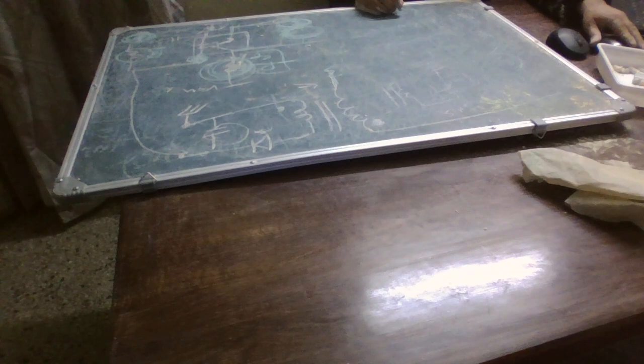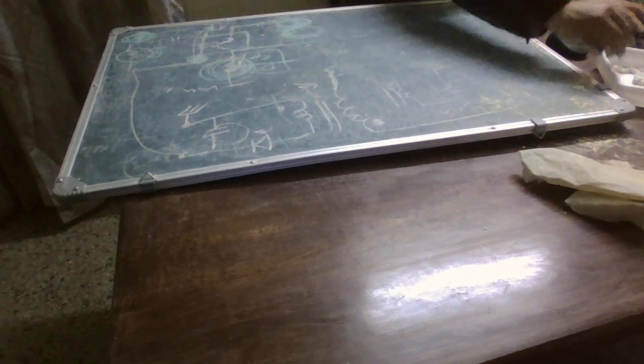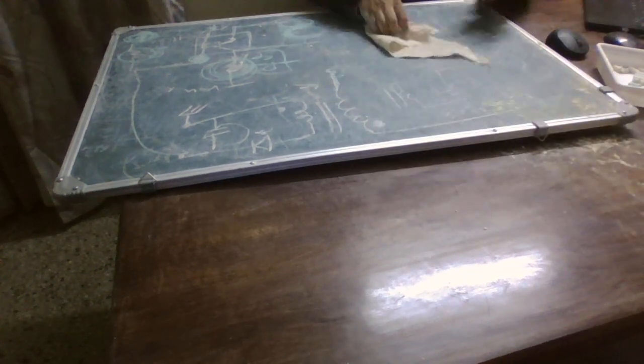Now I would like to go to the functional block diagram of the IC, and I want to draw one. I have covered all the components and how to select them.